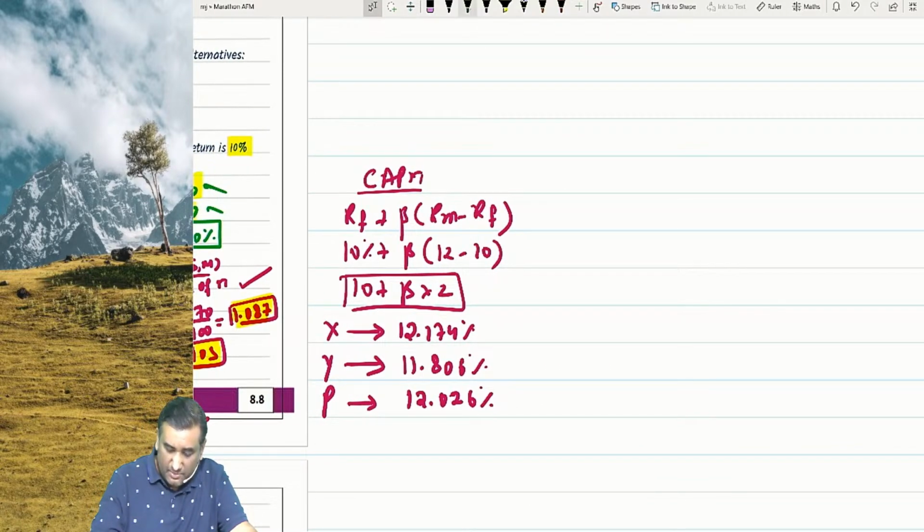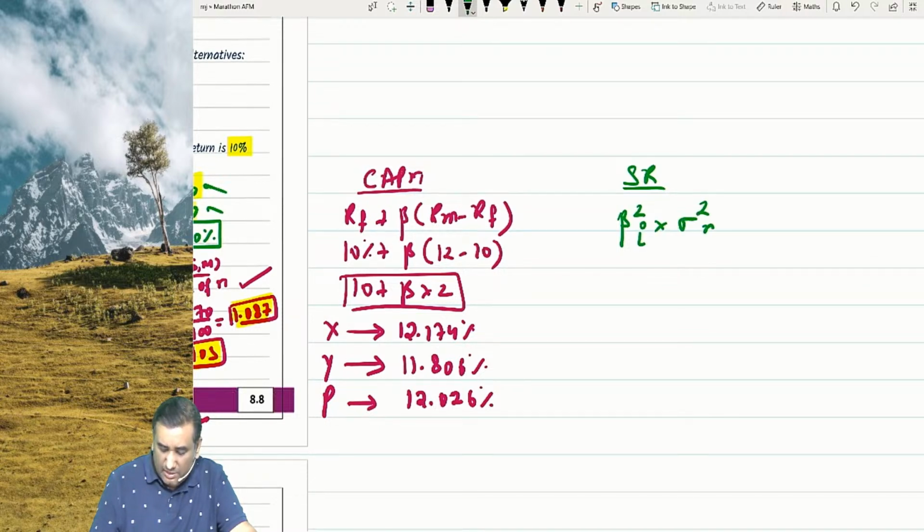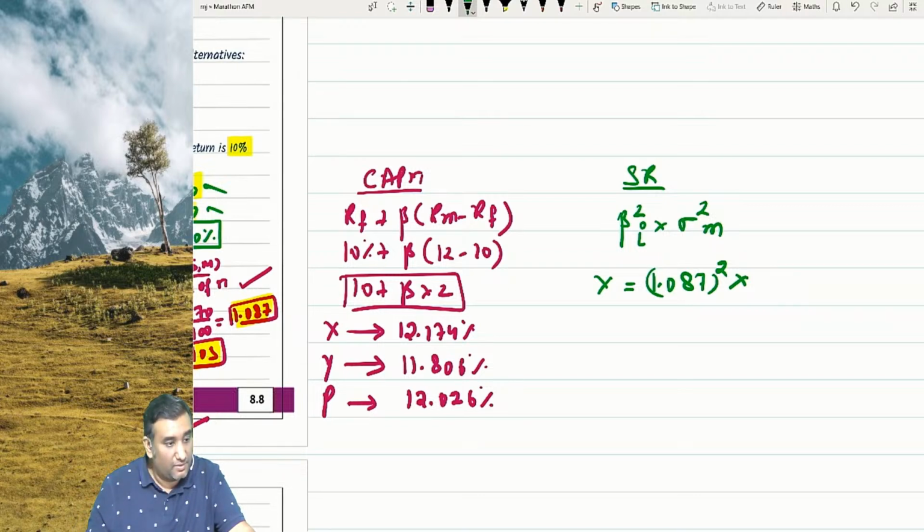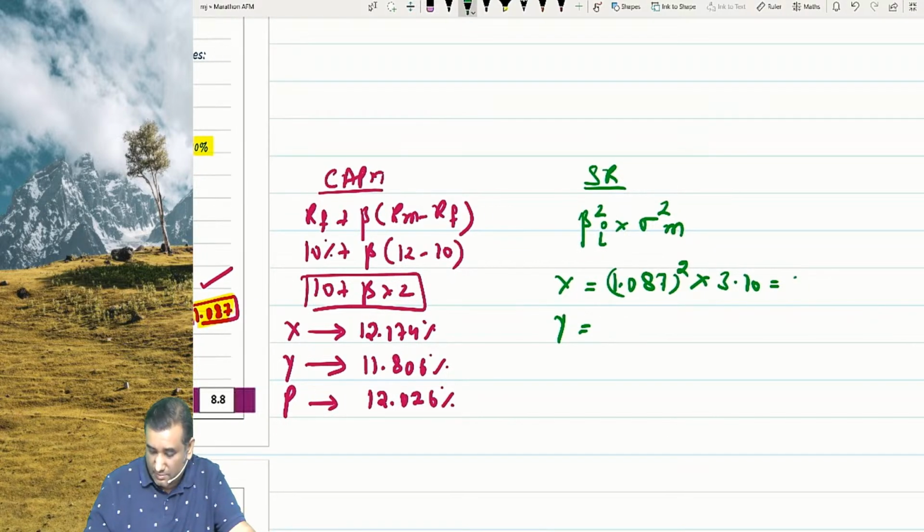Second part he asked: systematic risk. Systematic risk is beta square of the security into standard deviation square of market. For X, 1.087 square into variance of market, 3.1, gives 3.66.